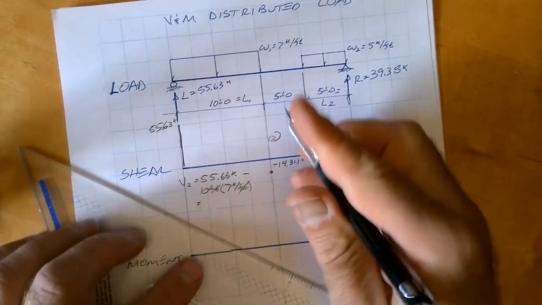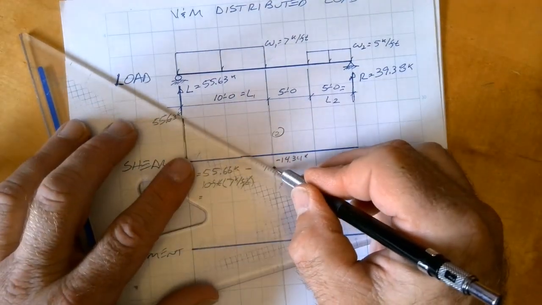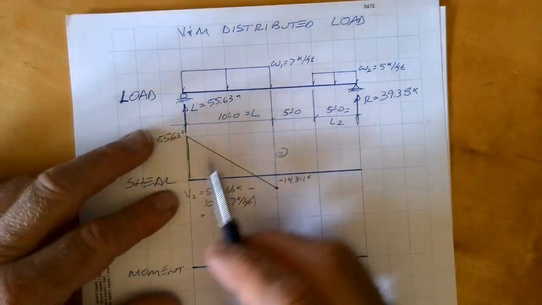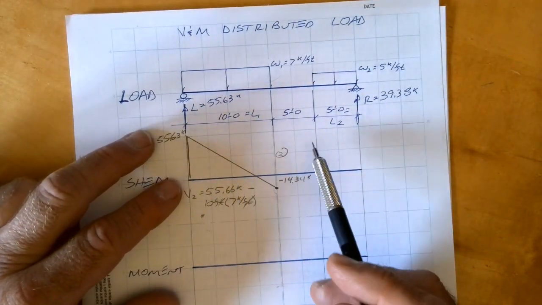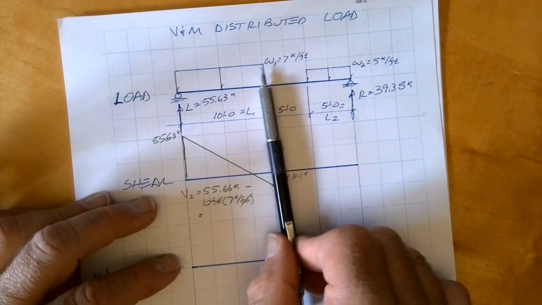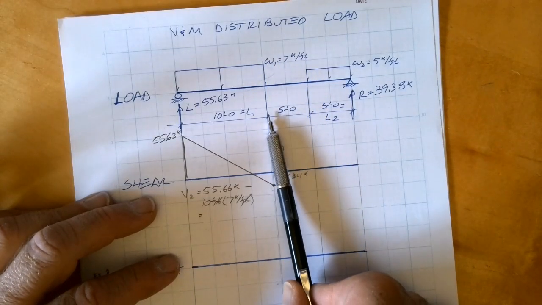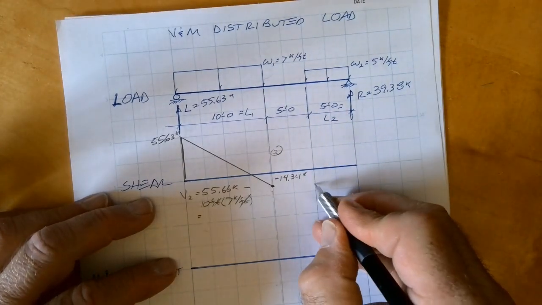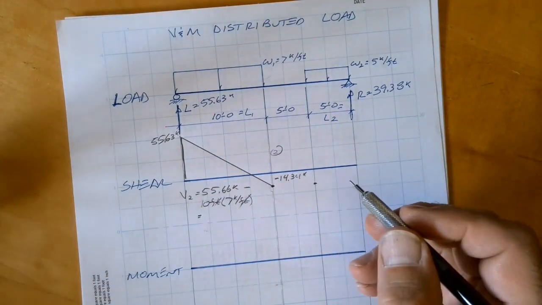Now I'll put my straight edge on here. That's my shear diagram for this first part of the beam. As I continue over, I don't encounter any load from this mark through the 5 foot mark, so that tells me my shear is constant.